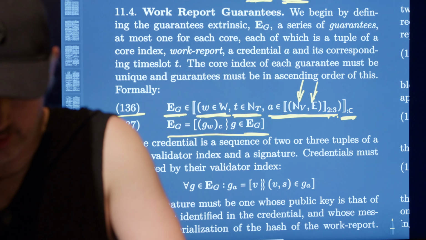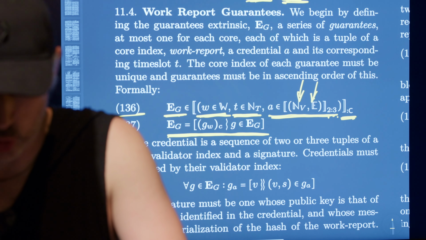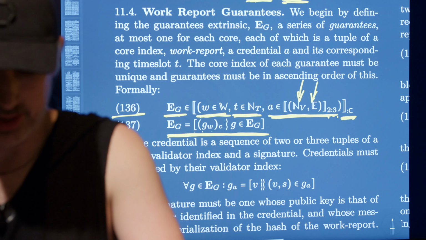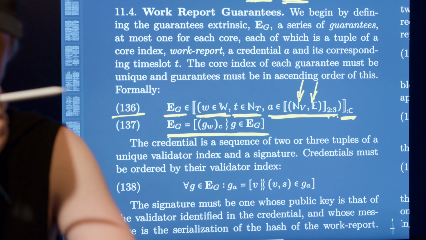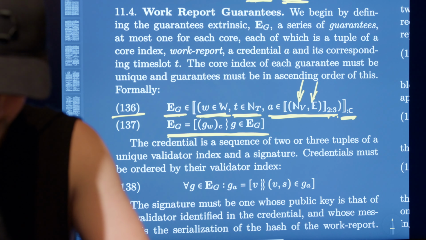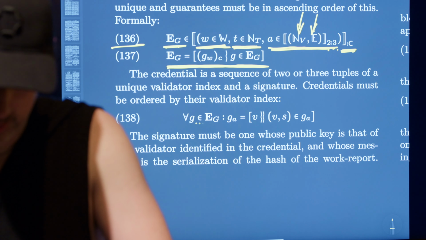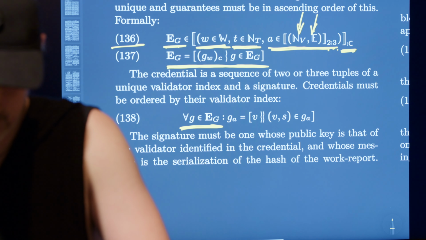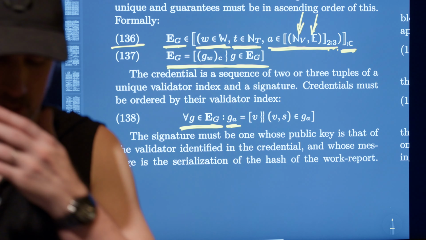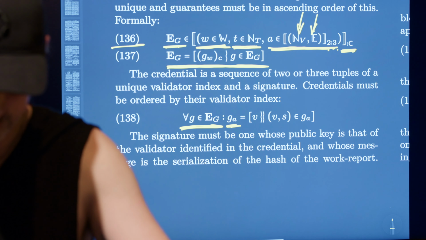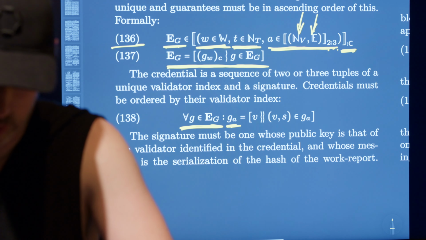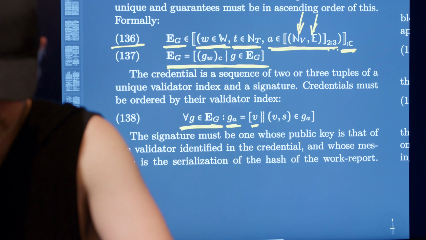We require that they are ordered by core. That's what this says: unique and ordered by core. Right, now, everything in the guarantee extrinsic, its signatures, its credentials, must also be ordered by validator index.